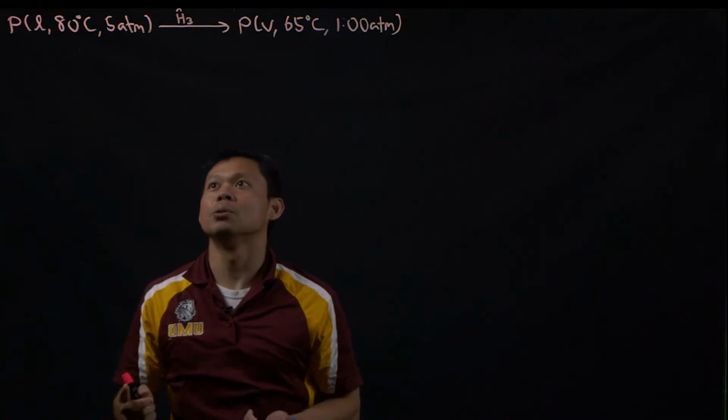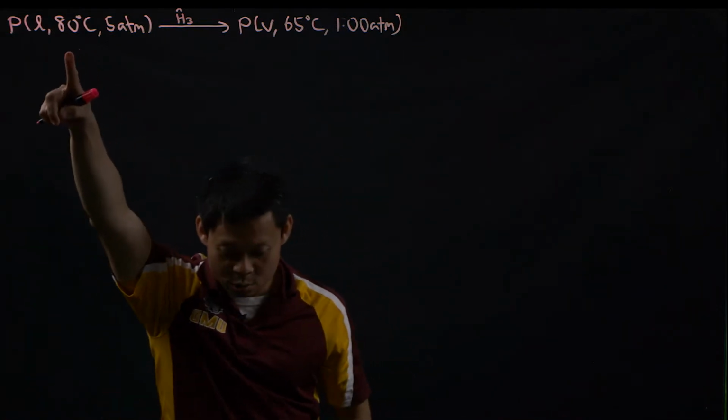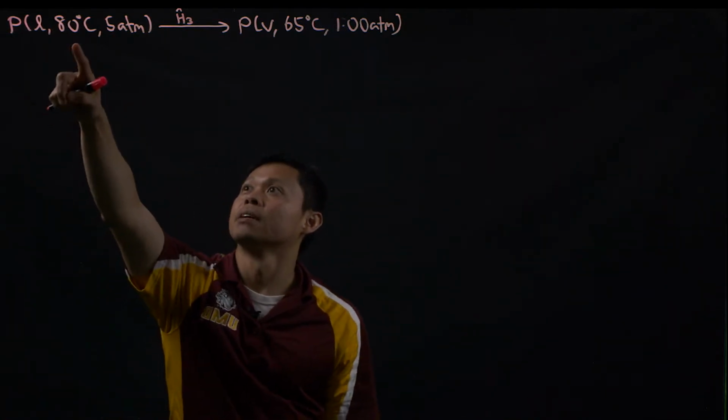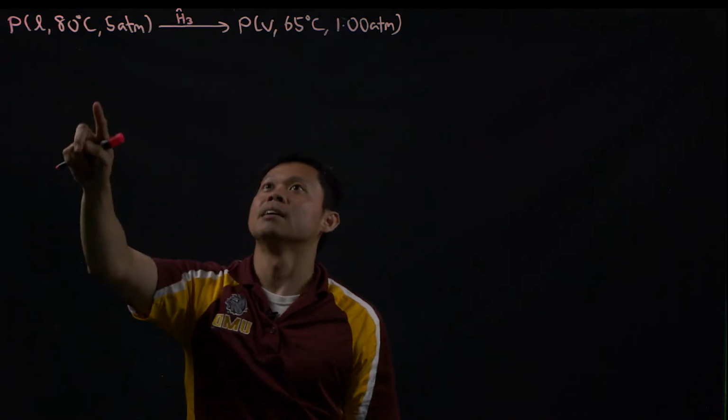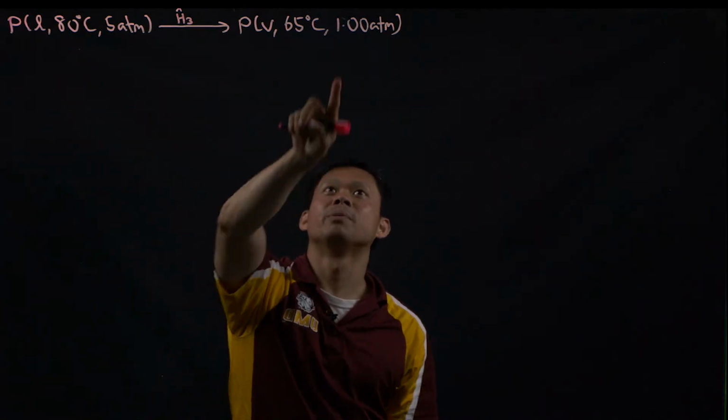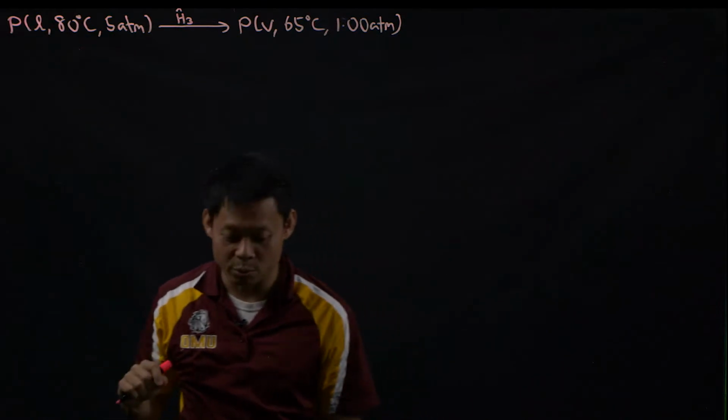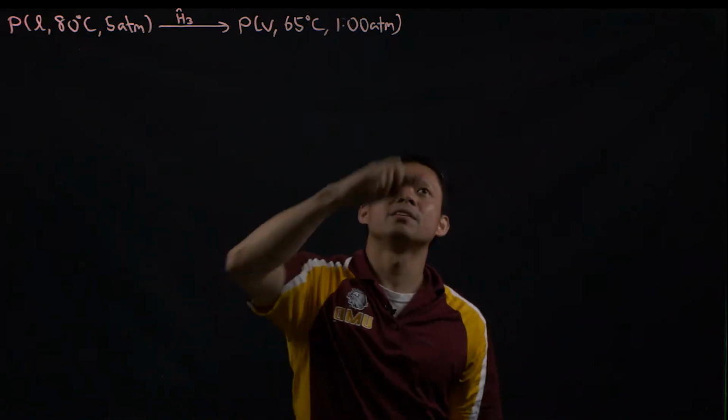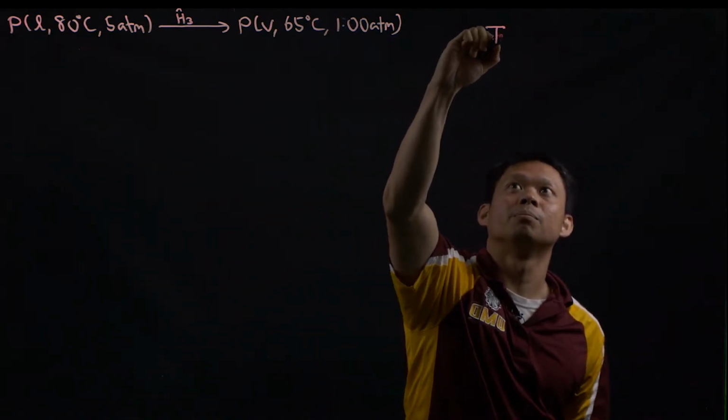So what we need to do is first get this to the boiling point of our pentane, vaporize it, and then bring it back to the temperature and pressure that we want. In terms of the boiling point, again, you can look up the table in the back of the book.